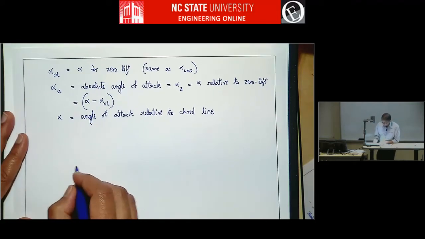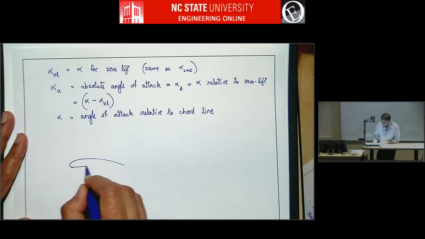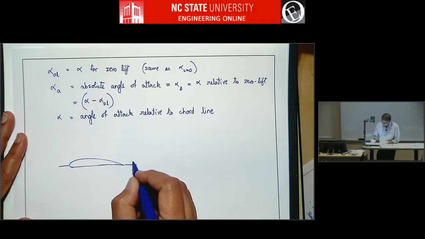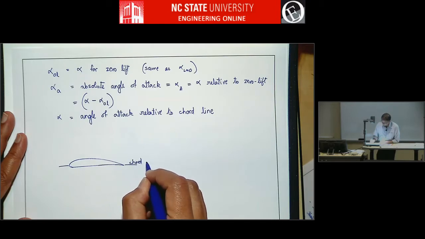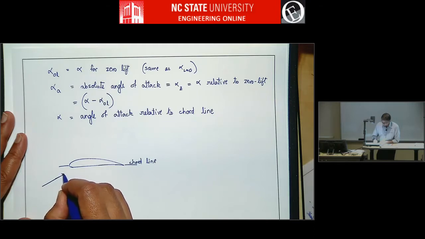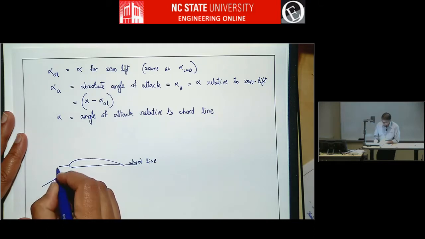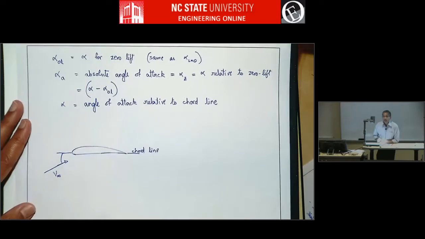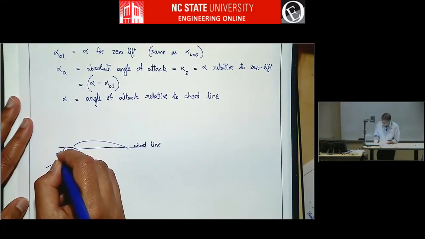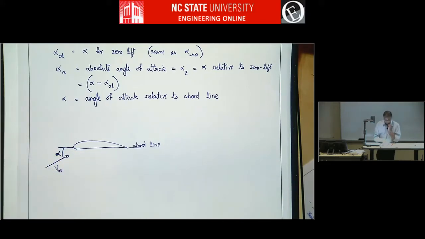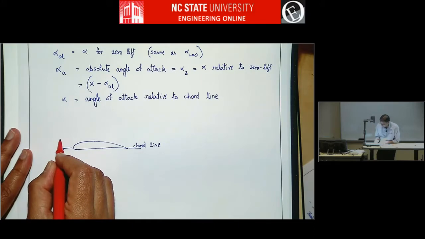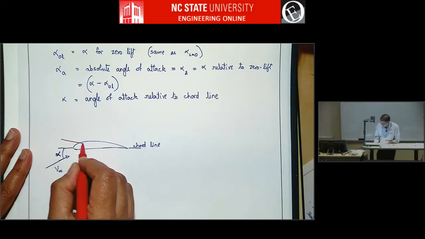On an airfoil picture, for example, this is the chord line. If the flow V infinity is coming like this, this angle is what we normally call alpha. But because this airfoil is cambered, it's going to have a zero lift direction or zero lift line, and that may be something like this.